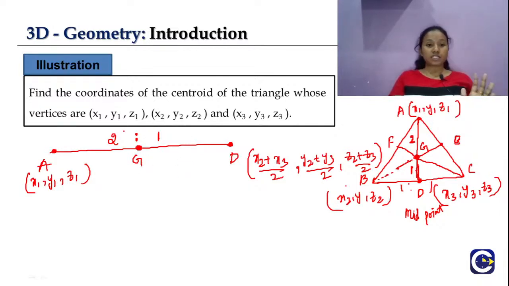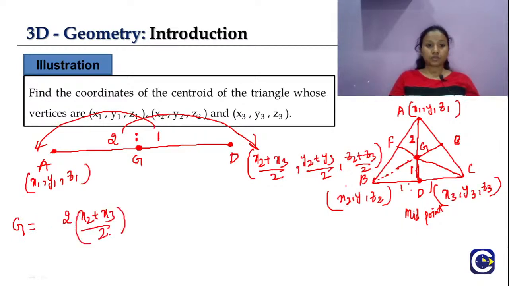Right, so now apply the section formula. So 2 will be here and 1 will be here. Now G will have the coordinates 2 into (x2 plus x3) by 2, plus 1 into x1, divided by 2 plus 1, which is 3.